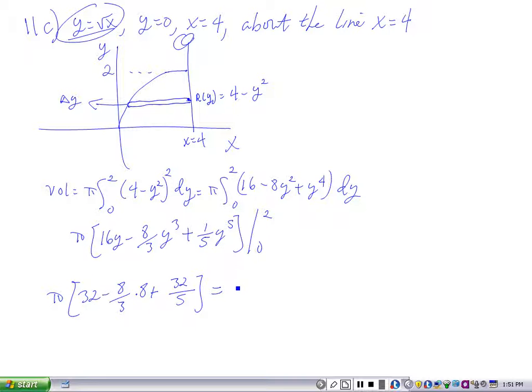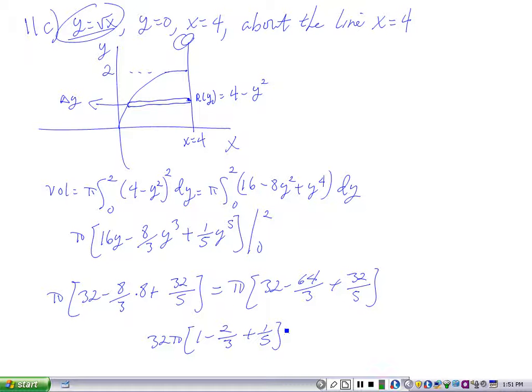So we have pi, simplify that, 32 minus 64 over 3 plus 32 over 5. And I just pulled out a 32, pi times 1 minus 2/3 plus 1/5.